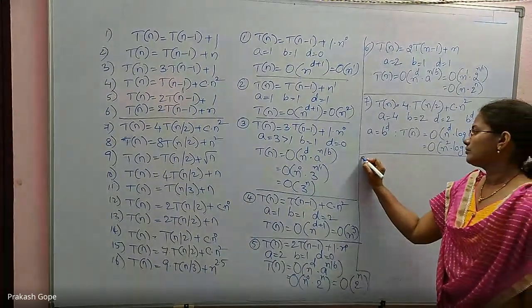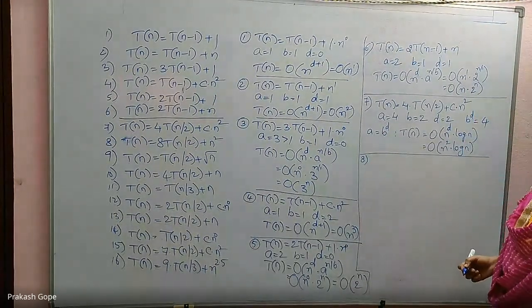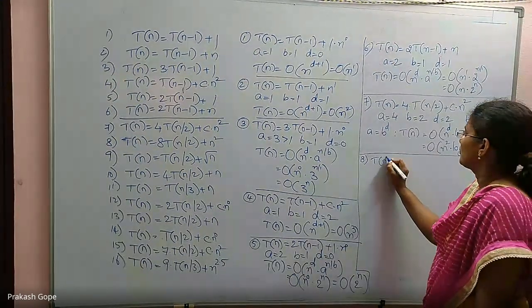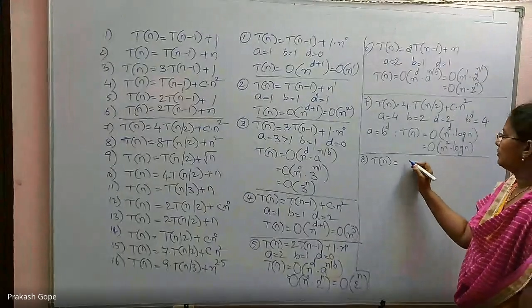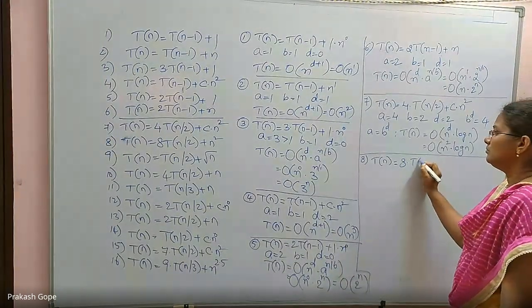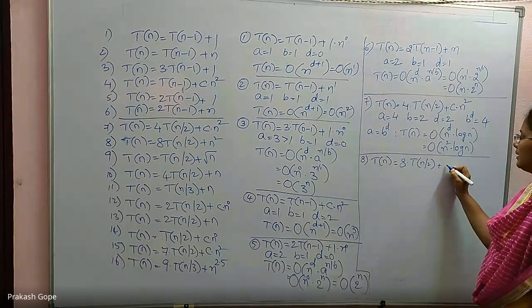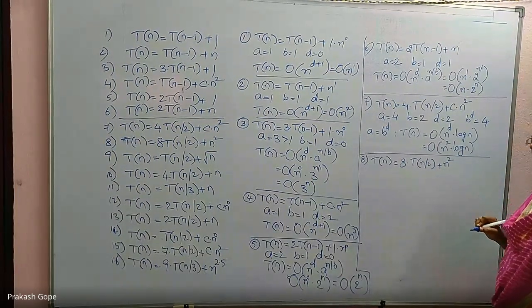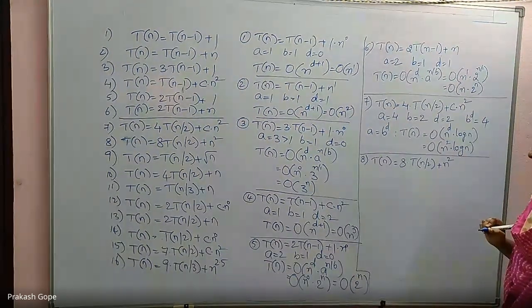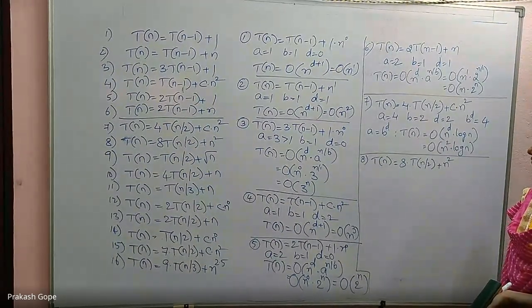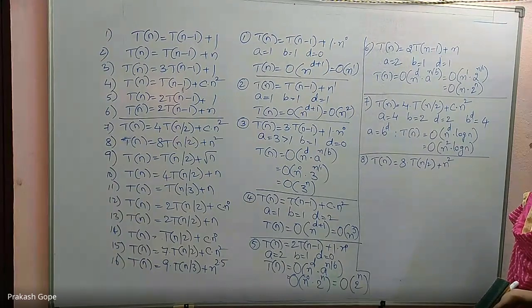Question? T of n is 8 into T of n by 2 plus n square. Should solve it.